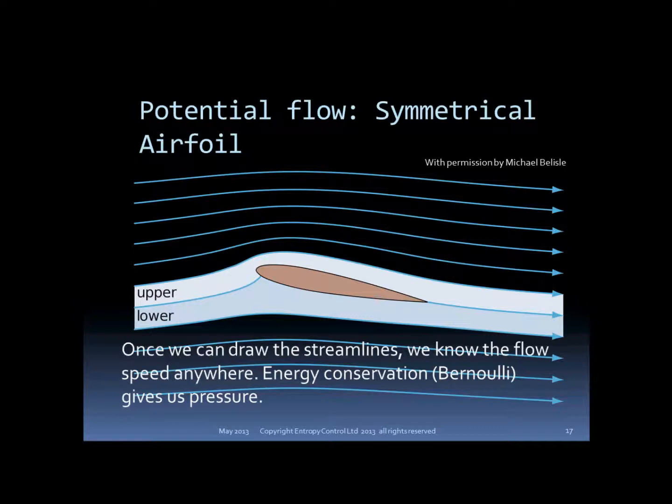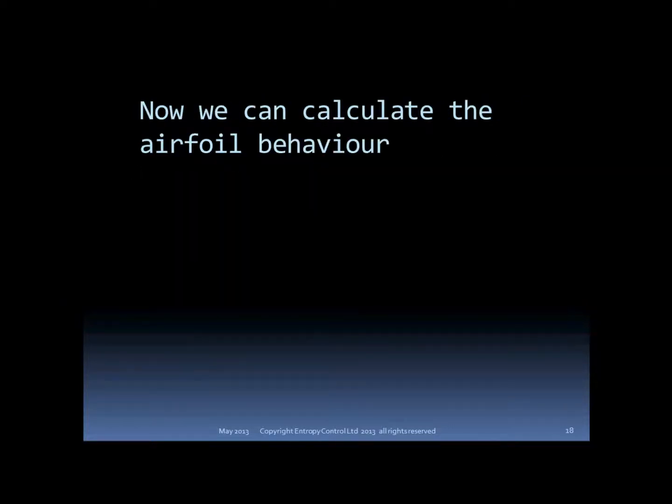But now that we've solved the flow field, we can draw the streamlines anywhere. And once we know what the streamlines look like, we can calculate the velocity anywhere. And our good friend Bernoulli gives us the pressure anywhere. And once you've got the pressure, you've got the lift.